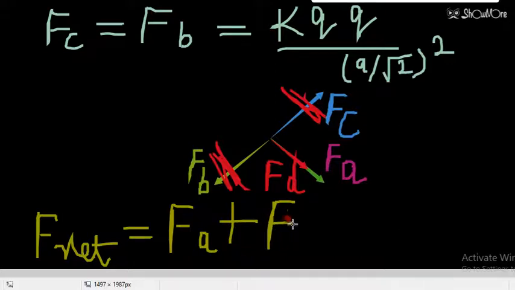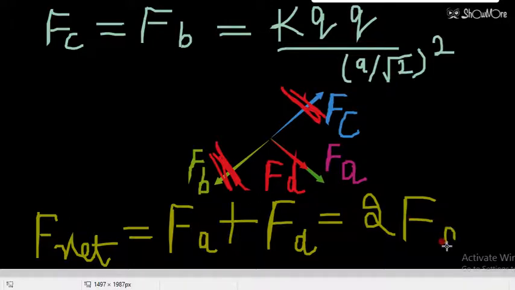FD and FA have the same magnitude, so your answer will be 2 times FA. The magnitude of FA is equal to the magnitude of FD. FA is also equal to FB, FC, all have the same magnitude, so F net is equal to 2 times FA, which is equal to FB, or you can say FC.